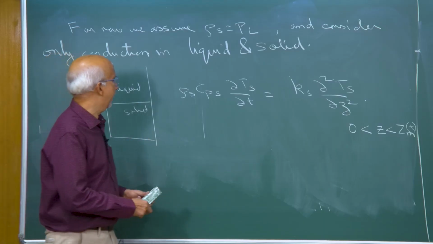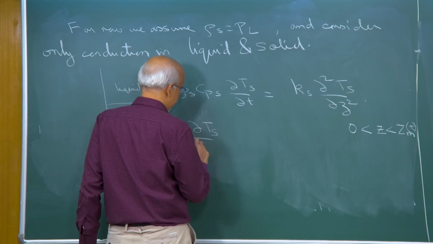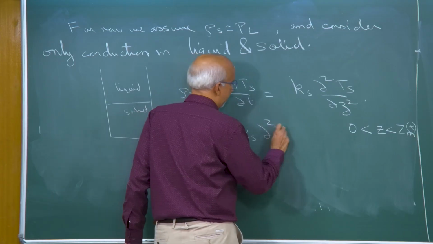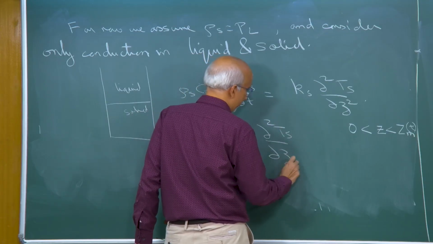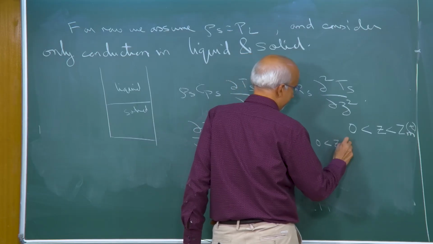And I am going to write this in a nice way: dTs/dt is equal to alpha s d²Ts/dz² for 0 less than z less than zm.